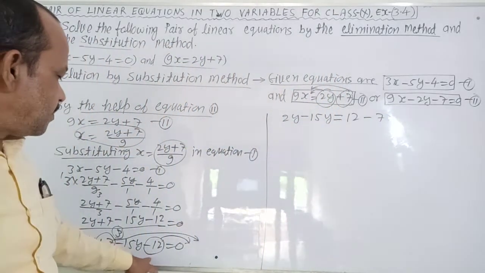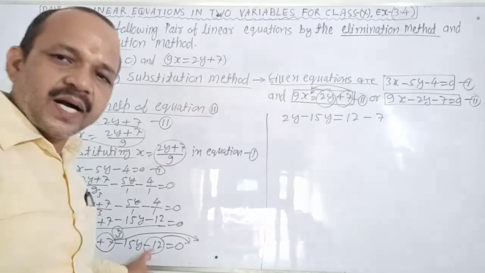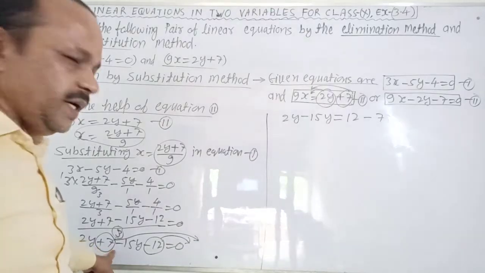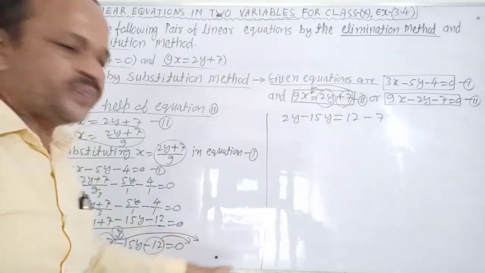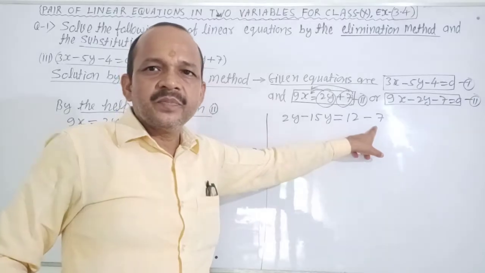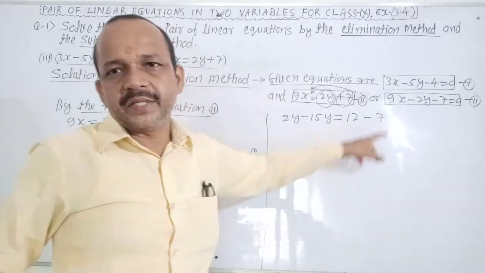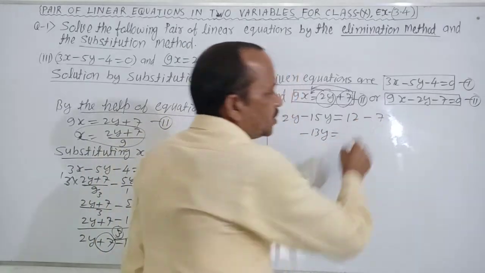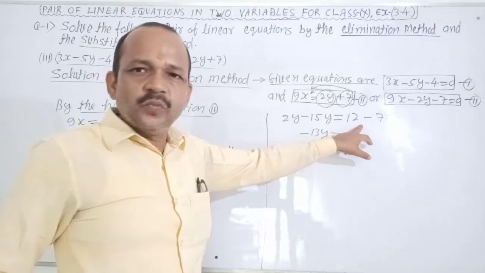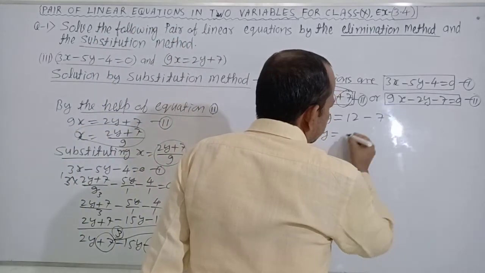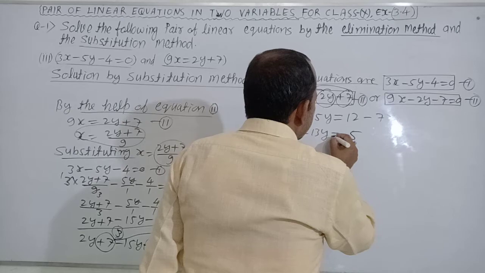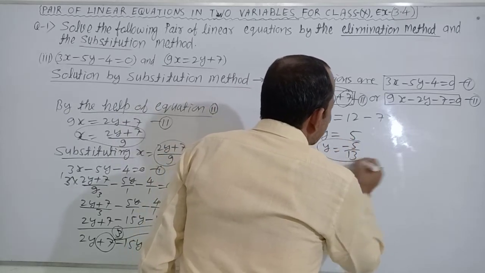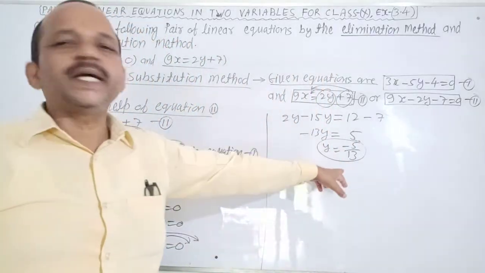Minus 12 when written on the right side becomes plus 12. Plus 7 when written on the right side becomes minus 7. Now you subtract. It becomes minus 13y equal to 5. So y equal to minus 5 by 13.